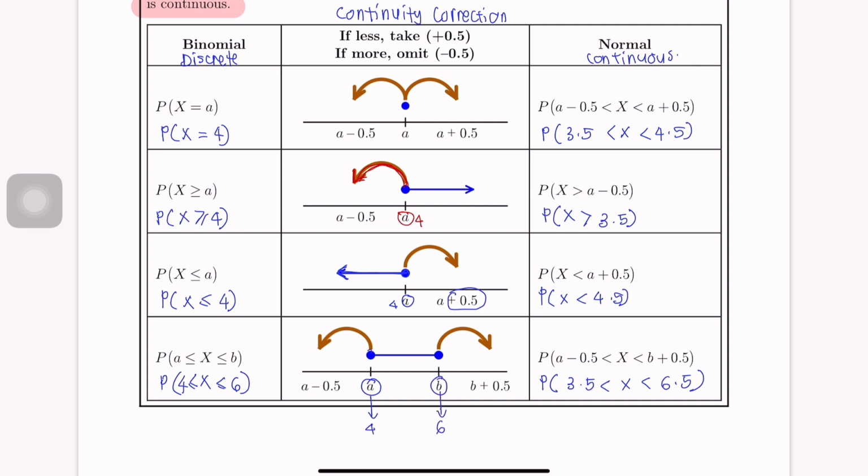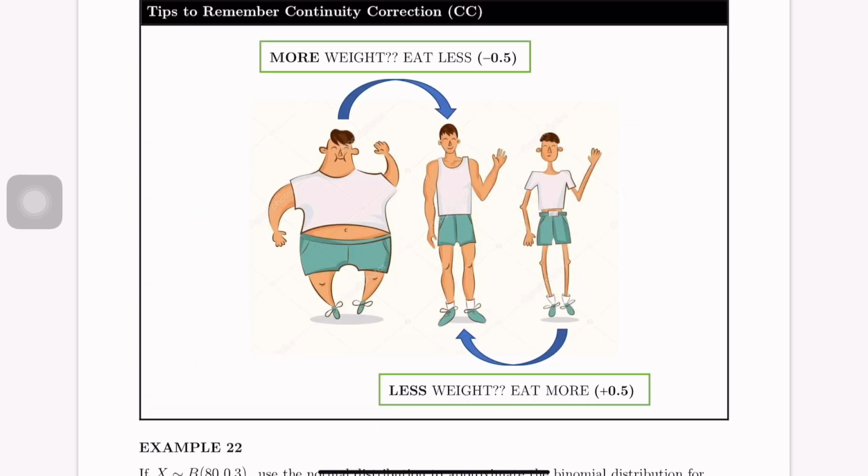We only want between 4 and 6, but for CC, we take 0.5 less than 4, outside the blue line, and 0.5 more than 6, outside the blue line. That's why we have 3.5 and 6.5. So that is continuity correction, the most important step to change binomial to normal, or to approximate using the normal distribution.